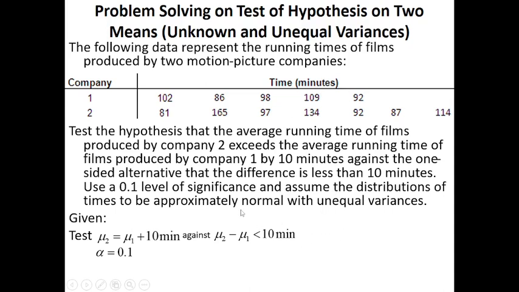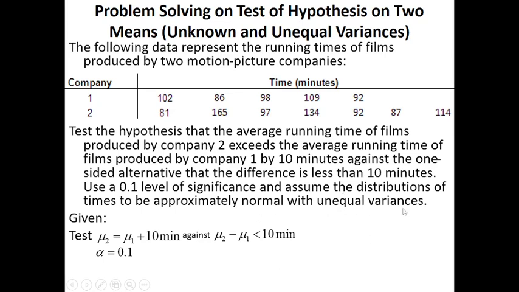In the problem, the variances of the two populations, population 1 and population 2, are not indicated, and they are unequal according to the problem.